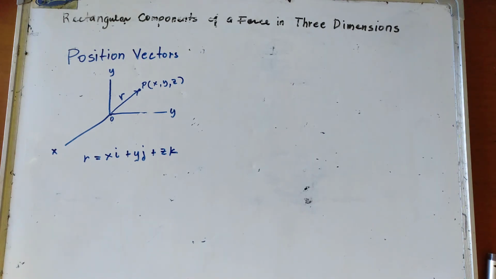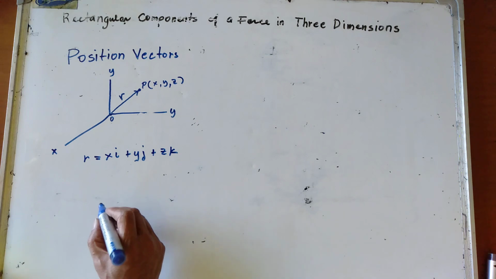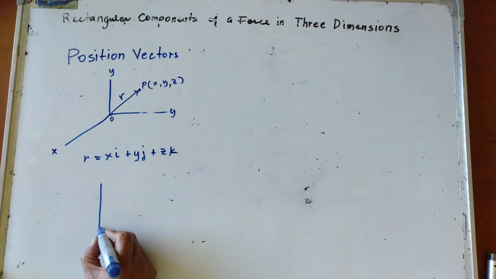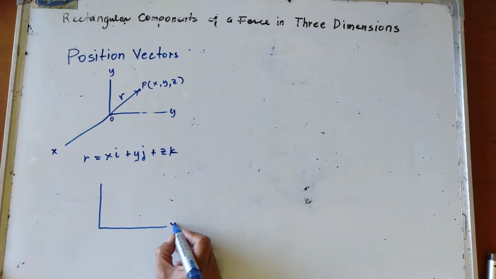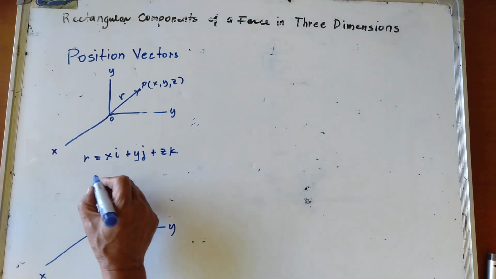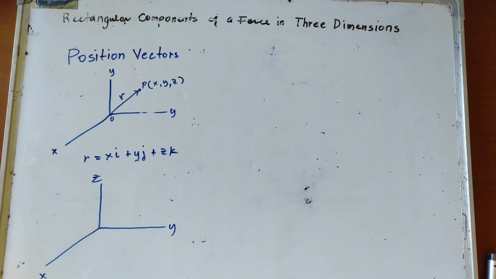Now let us consider another position vector. This is again the x-axis, this is the y-axis, and this one is the z-axis.